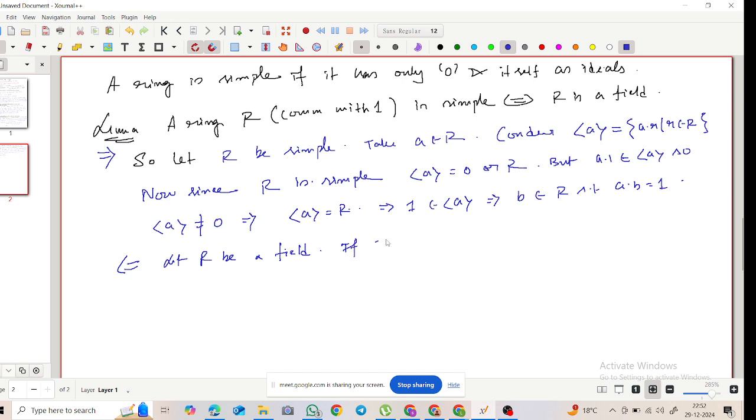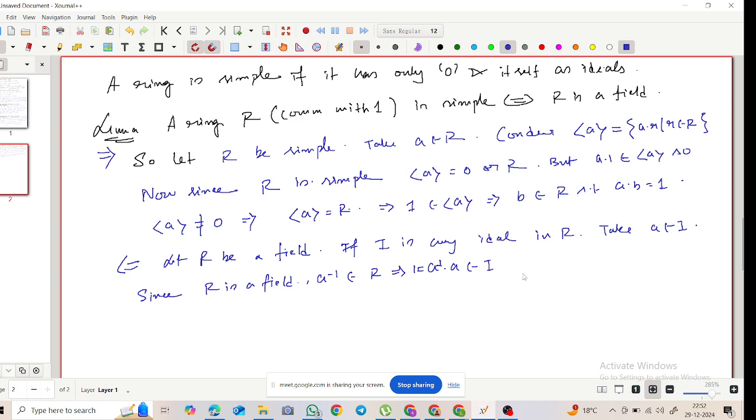If I is any ideal in R, take a belongs to I. Since R is a field, a inverse belongs to R, which implies 1, that is equal to a inverse into a, belongs to I, which means I equals R, right?